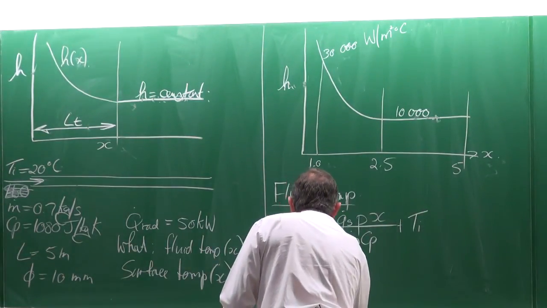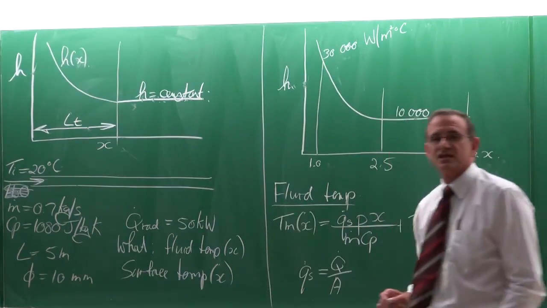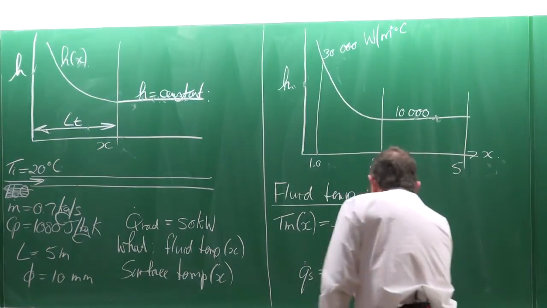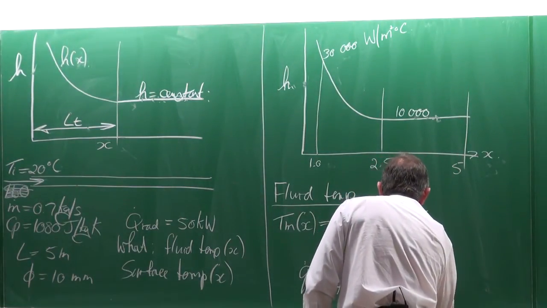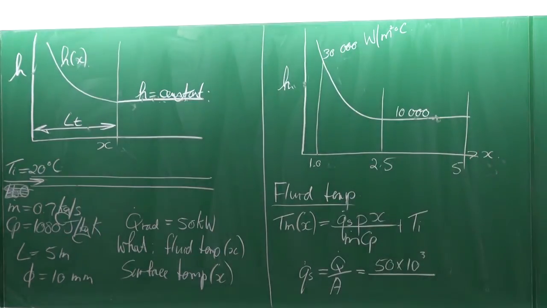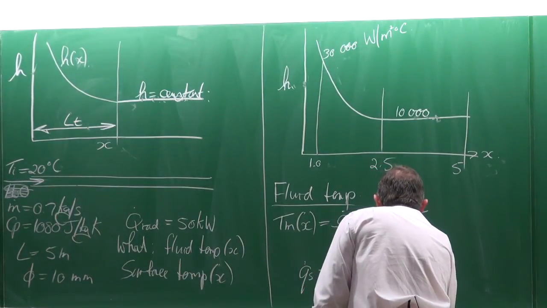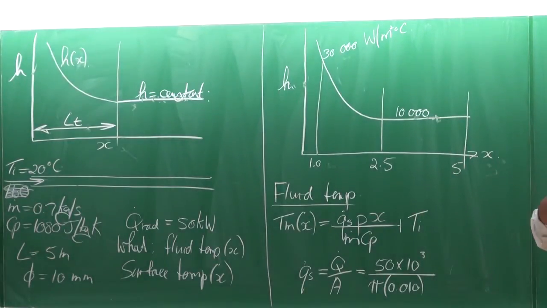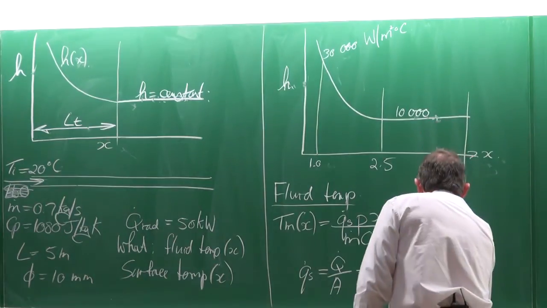The heat flux would be the heat transfer rate divided by the surface area. Okay. And the heat transfer is 50 kilowatts. Okay. 50 kilowatts all around the tube, and the surface area would be pi multiplied by the tube diameter, which is 10 millimeters, multiplied by the length of the tube, which is 5 meters.